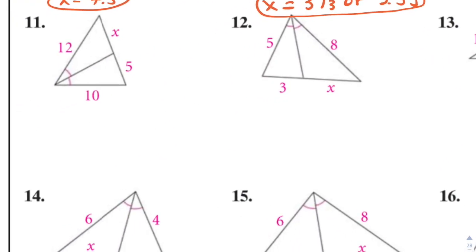These are proportional. They are not similar. So we have to say x is to 5 as, oh, it looks like I just went against my own word. I said normally you go from small to larger. So let me fix that. 5 is to x. That one looks a little bit smaller. 5 is to x as 10 is to 12.